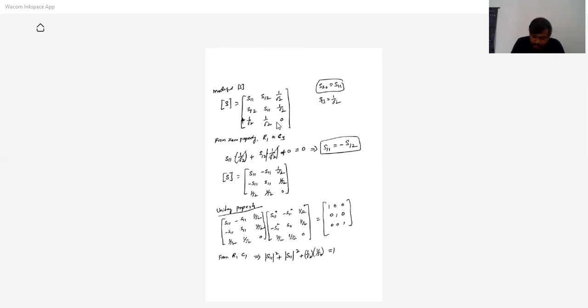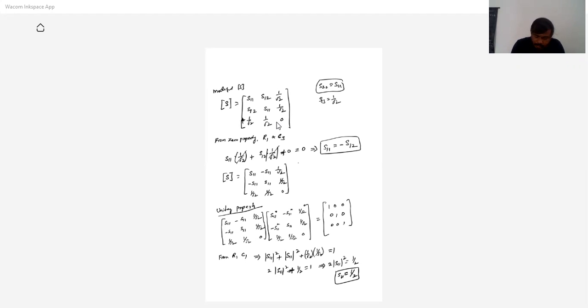So 2 of S11 square plus 1 by 2 is equal to 1. From this, 2 of S11 square is equal to 1 by 2, so S11 is 1 by 2.